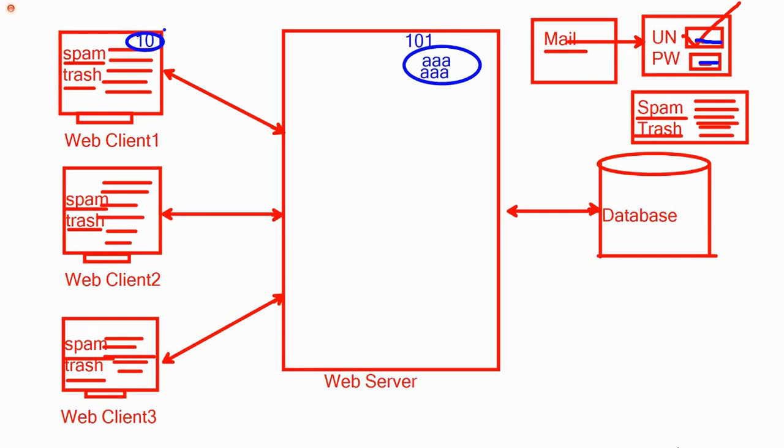Then your username and password go to the server. The server communicates with the database and checks whether the given username and password are there. It is there, so the data is maintained in server memory. For that, one ID is created, and that ID is passed to the browser with that mailbox. That ID is stored in your browser, without taking your permission.